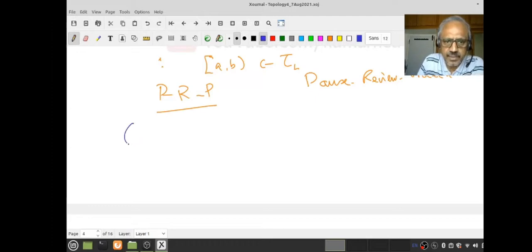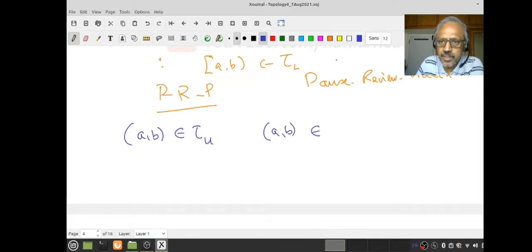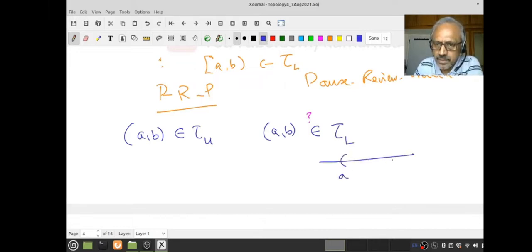Next question. Take an open interval (a, b). I know this belongs to the usual topology. What is the question I want to ask now? Does it belong to tau L, the lower limit topology? Again, let's look at (a, b).